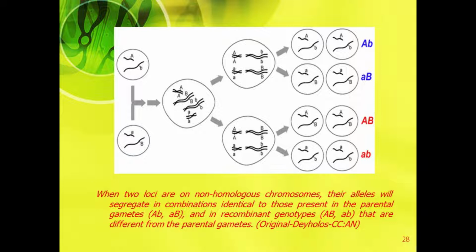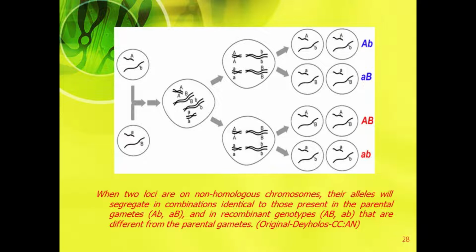Indeed, if we examined all of the gametes that could be produced by this individual, we would note that approximately 50% of the gametes would be recombinant and 50% would be parental. Recombinant frequency, that is RF, is simply the number of recombinant gametes divided by the total number of gametes.